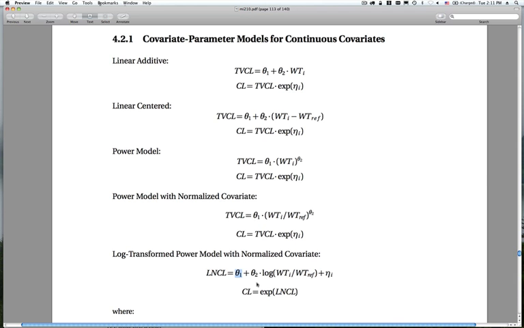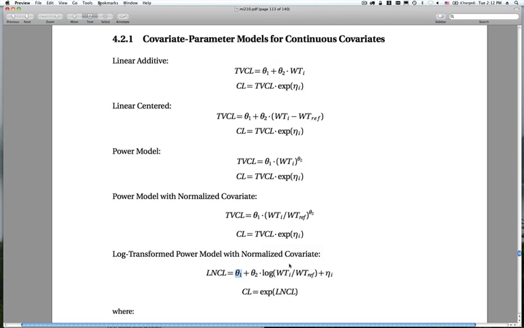And then to obtain the individual clearance, you just exponentiate that function. This is a particularly useful way to model this, and with the new estimation methods in NONMEM 7, we'll talk about that later in the course, this parameterization is analogous to the mu methods that they use in NONMEM 7 to help constrain the parameter distributions.